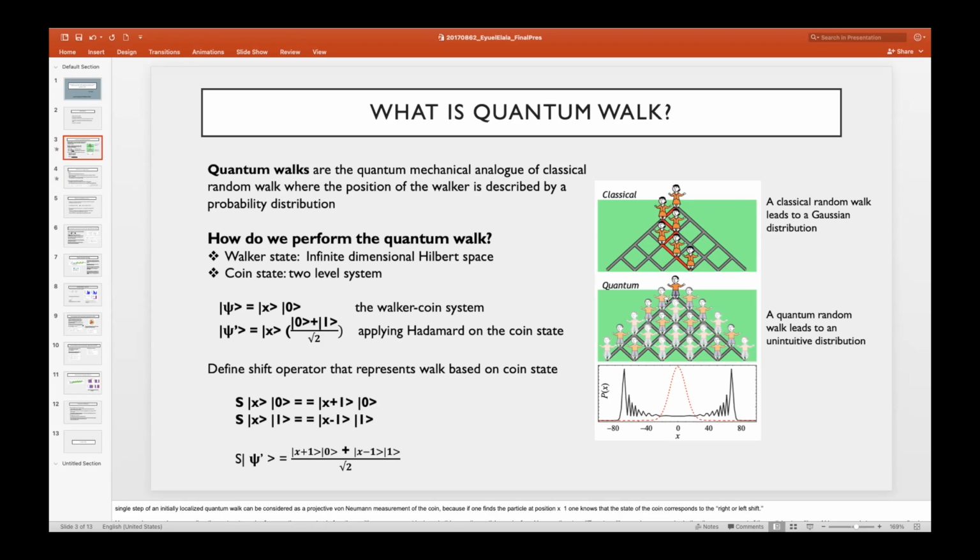Since it's a random phenomenon, there's a small probability of being at position 5, but you won't be at position 50 after 50 walks. The probability would be decreasing.